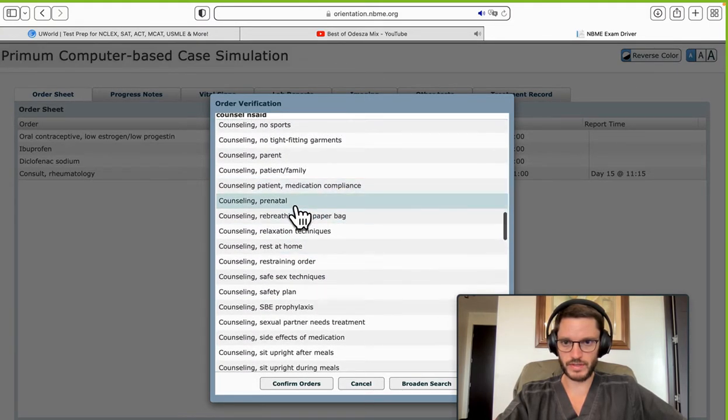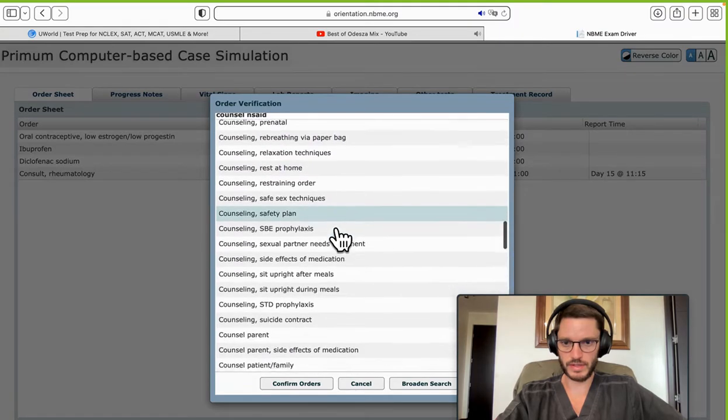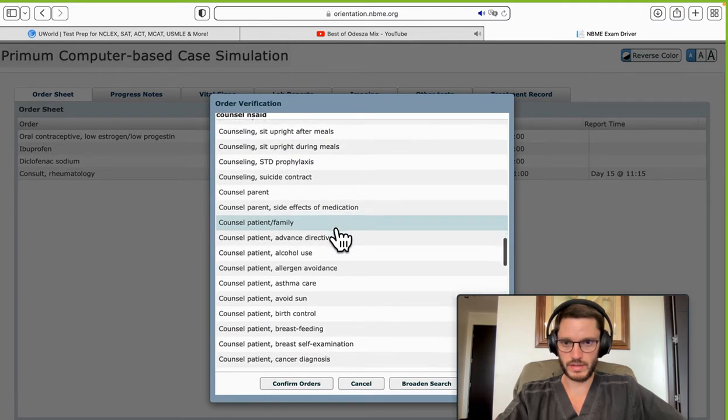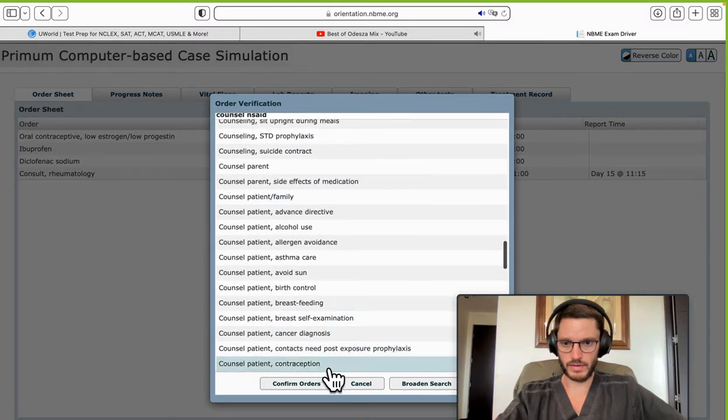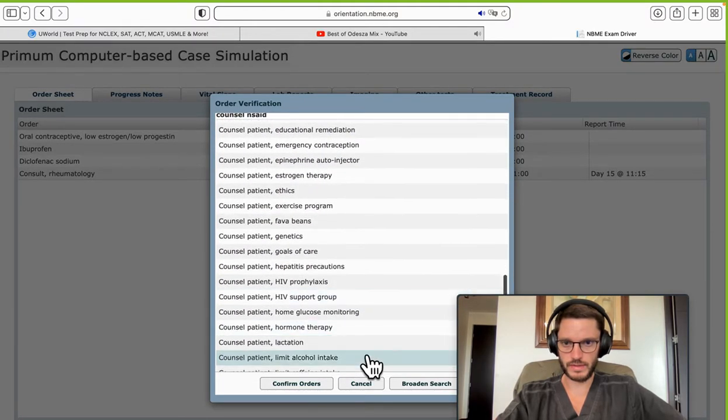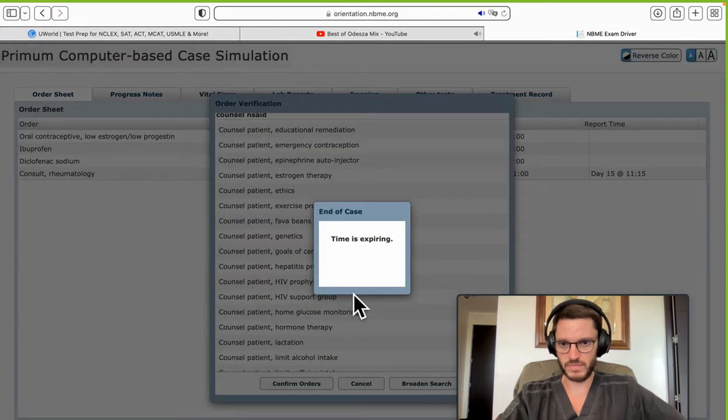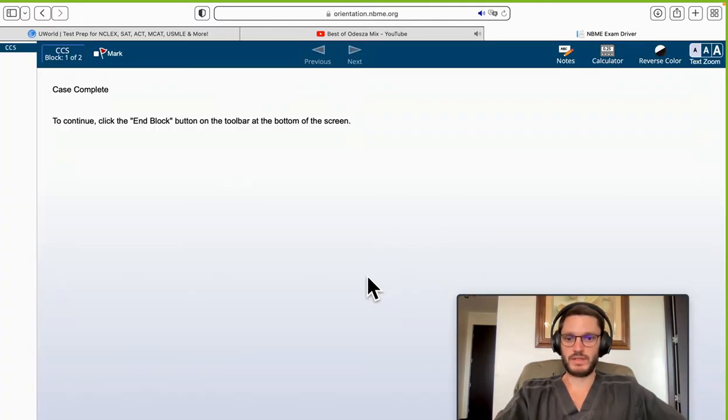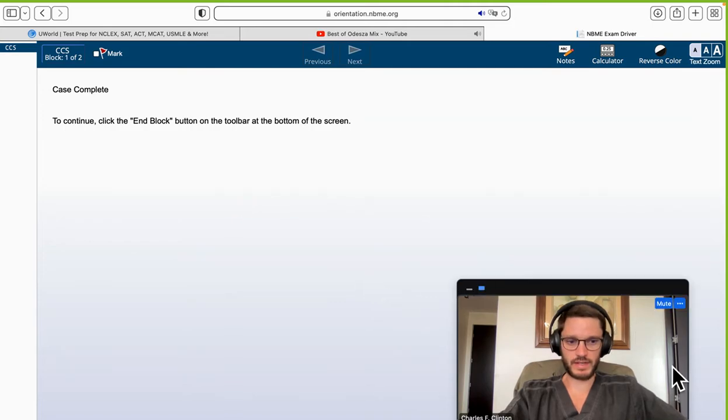On methotrexate, she's not on methotrexate, so she can. Okay. I don't know. What else? Okay. That's it. Time is expiring. That's it. End block.